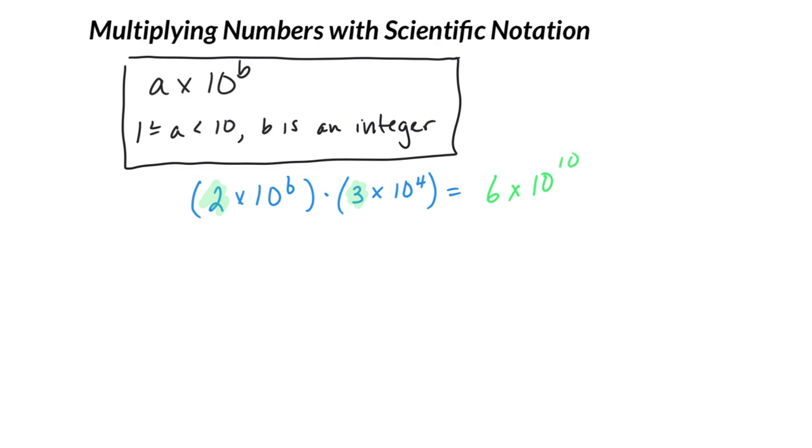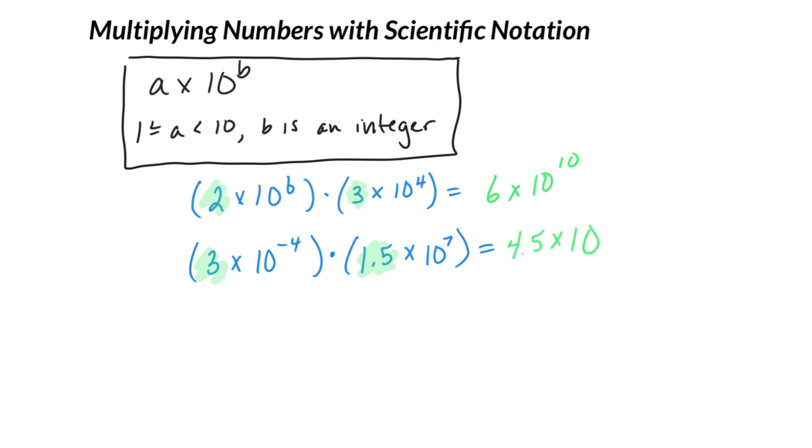So if I did another example, let's say I had 3 times 10 to the negative 4th times 1.5 times 10 to the 7th. You could say, well, just multiplying 3 times 1.5 is 4.5 times 10 to the, and again, we'd say, well, here we were dividing by 10 4 times.